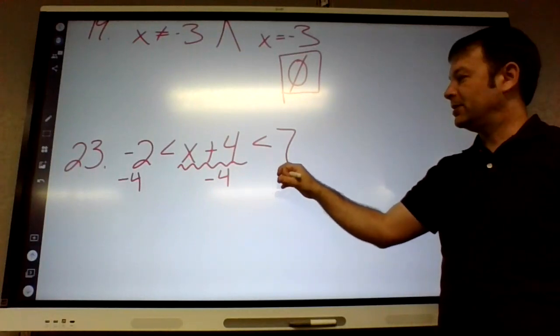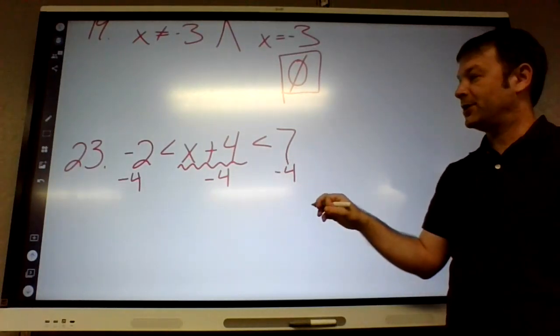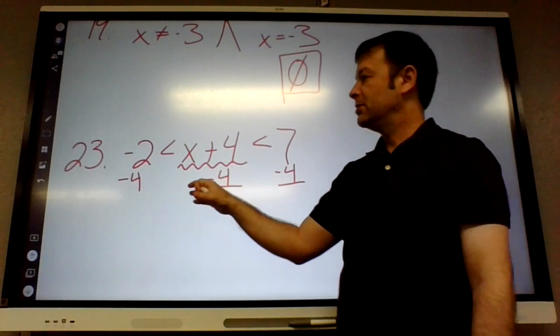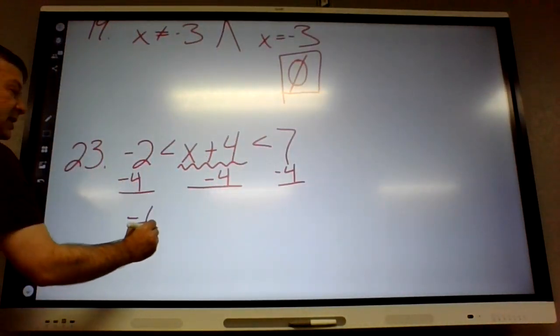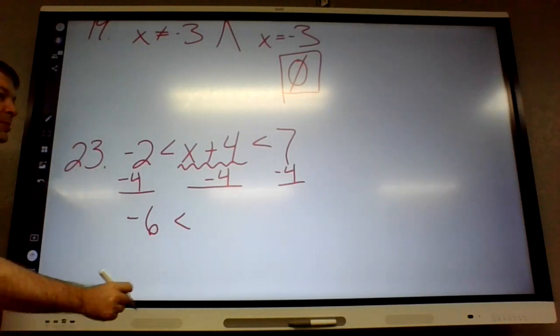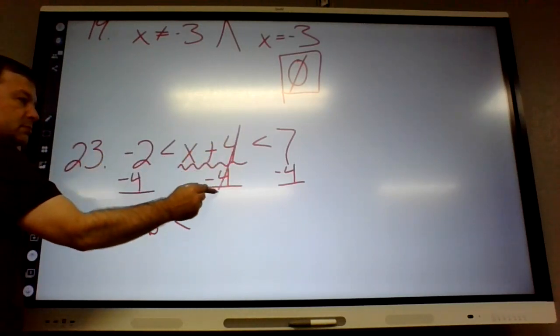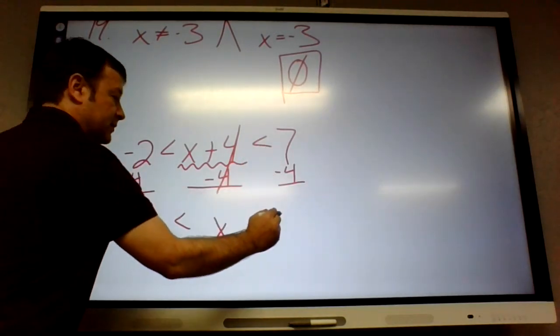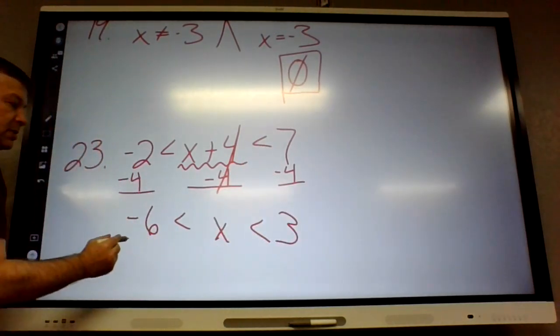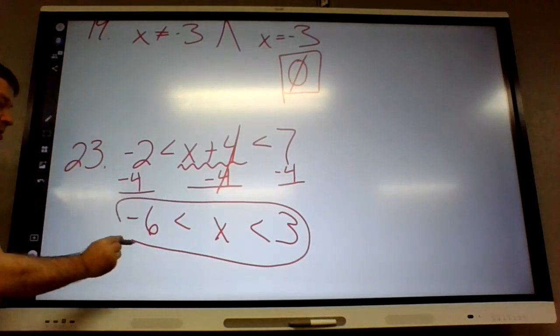But yeah, you gotta subtract 4 from all three sides. So this one's -6. What's gonna be in the middle? Just the x. And over here is 7 minus 4, 3. That's all.